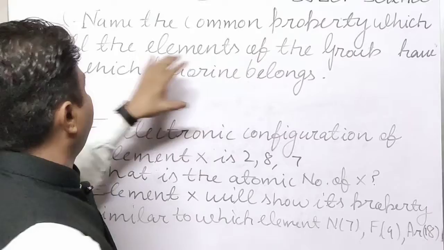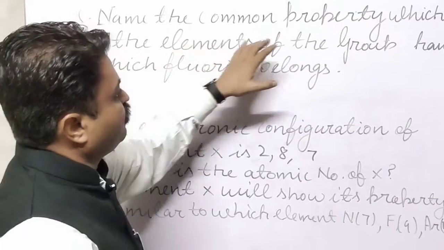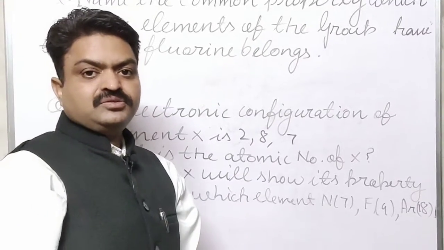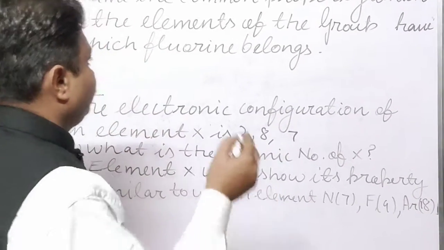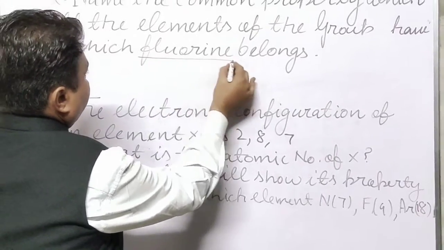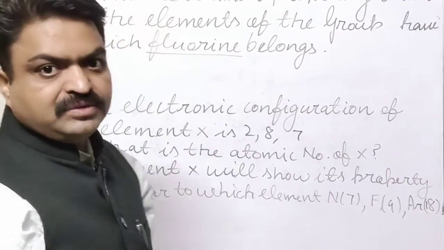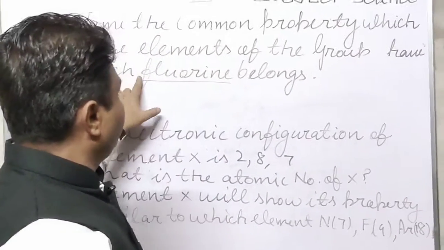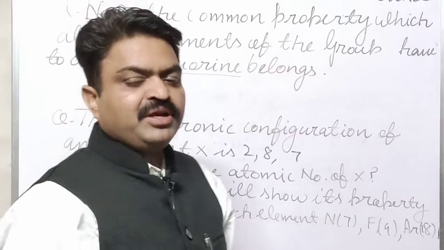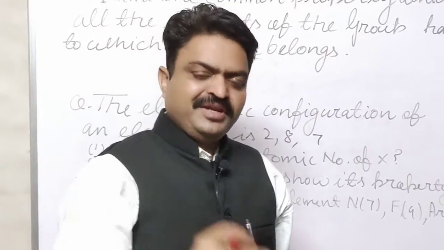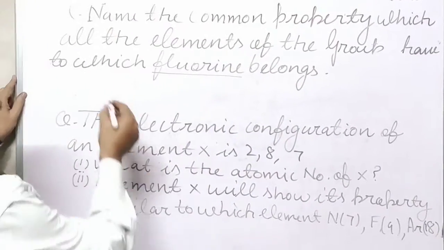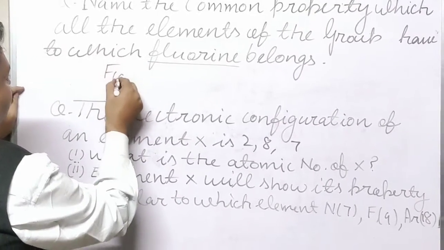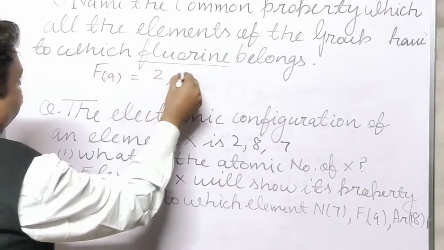Name the common property which all the elements of the group to which fluorine belongs have. To do this question, we will find the atomic number of fluorine. What is the atomic number of fluorine, students? It is 9. First, you will write the electronic configuration of fluorine: 2, 7.